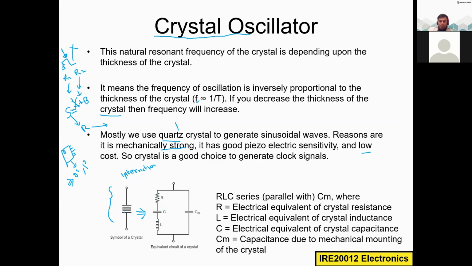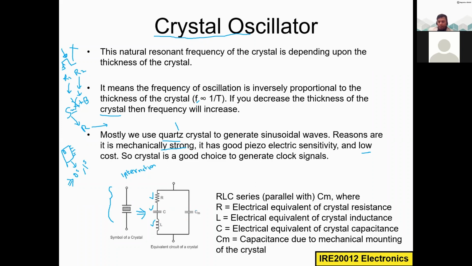Each crystal definitely has some resistance, so R indicates the equivalent resistance of this crystal. L indicates the electrical equivalent inductance of this crystal, and C is the electrical equivalent capacitance of this crystal.